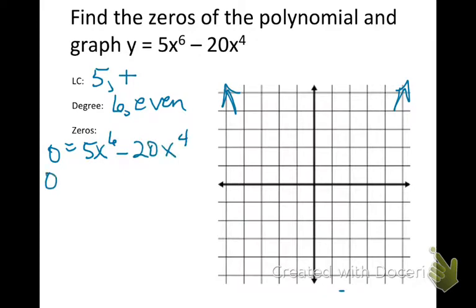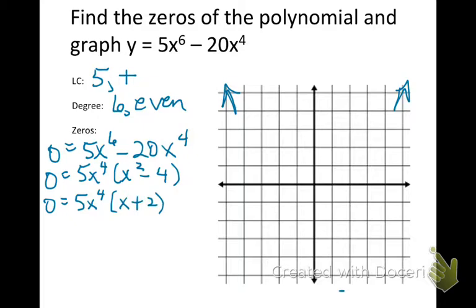Remember to look for a greatest common factor. I see that we can factor out a 5x to the 4th. And we'll be left with x squared minus 4. Notice that x squared minus 4 is the difference of squares. It can be factored as x plus 2 times x minus 2.